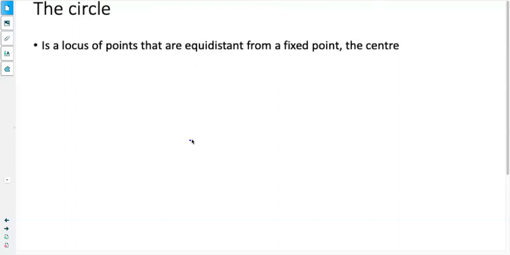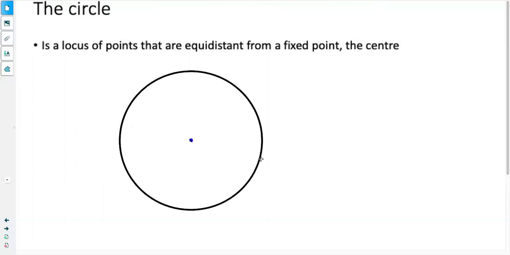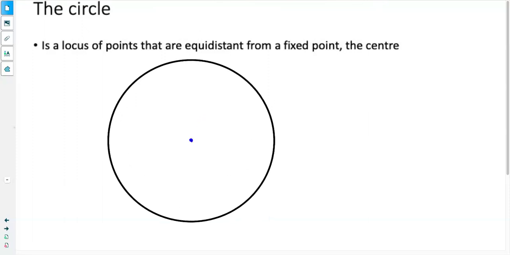So for example, let's say this dot is the center of a circle, and I draw a circle centered on there. If I measure from any point along the surface of my circle to the center, we should get the same value.